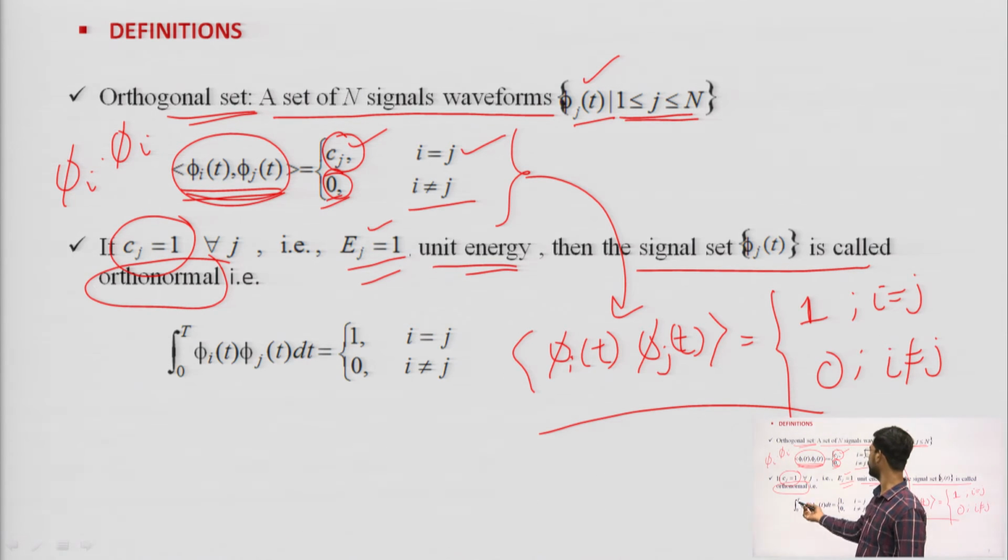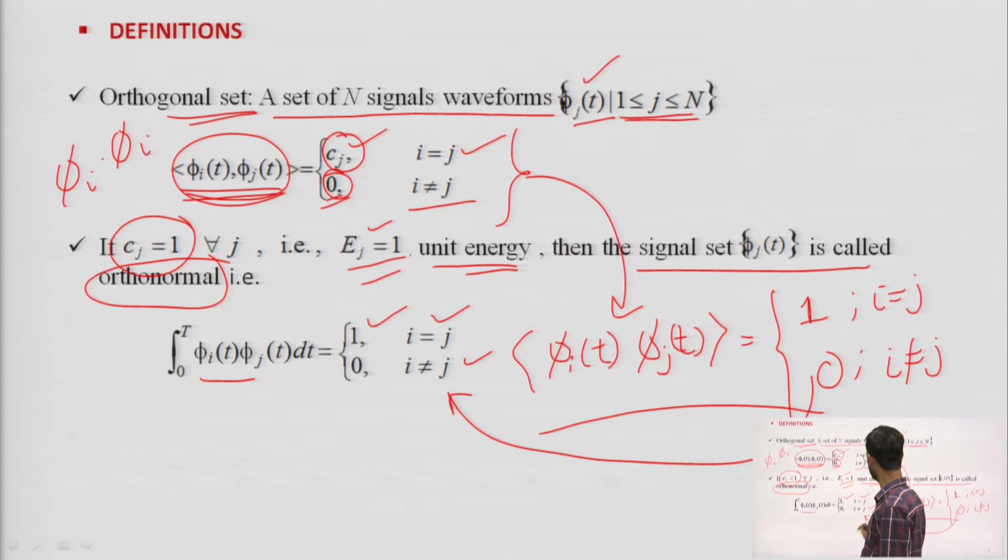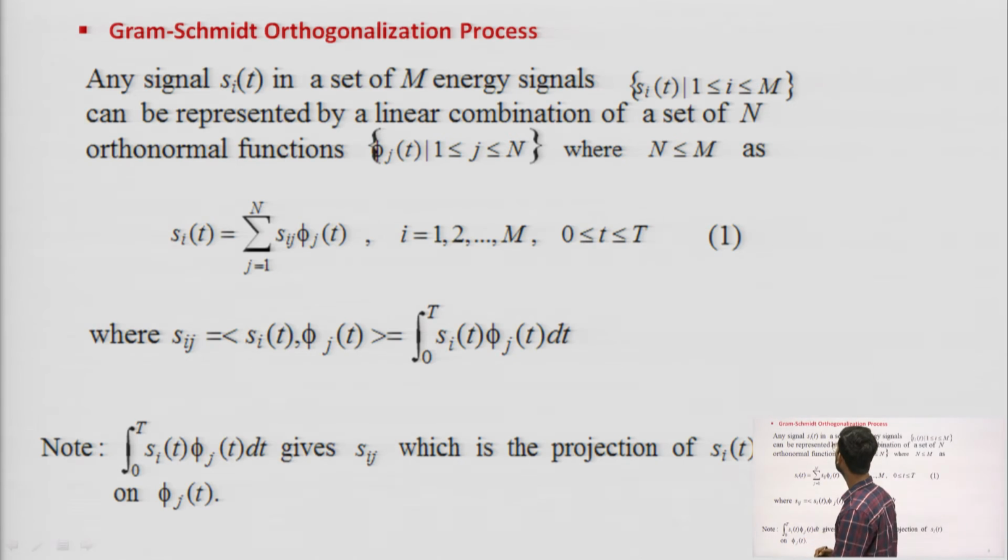That is 0 to T, we have already defined the inner product definition, that is integration 0 to T phi i t phi j t dt equal to 1 if i equals j, 0 if i is not equal to j. Okay.